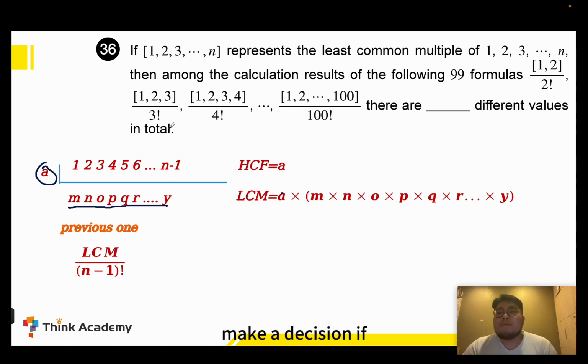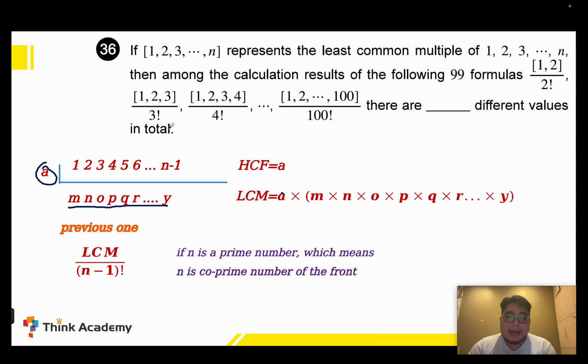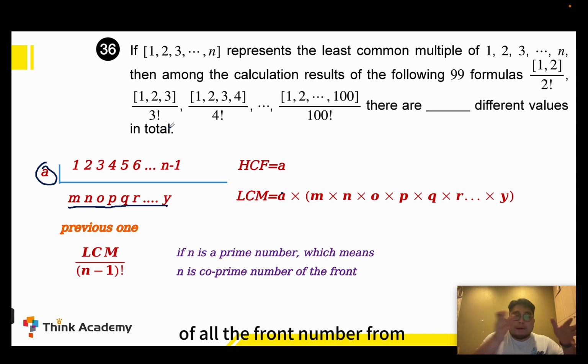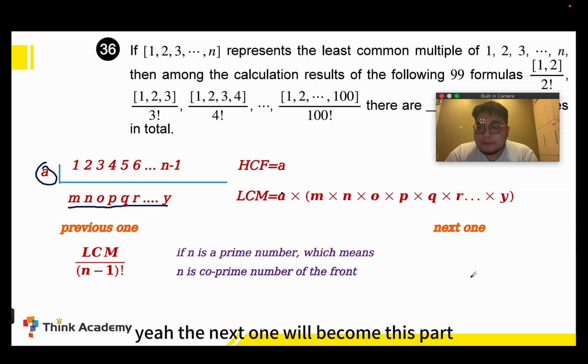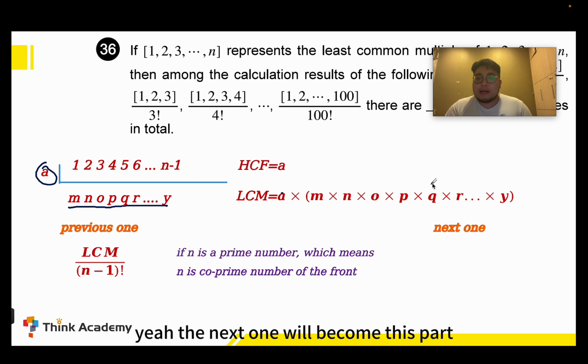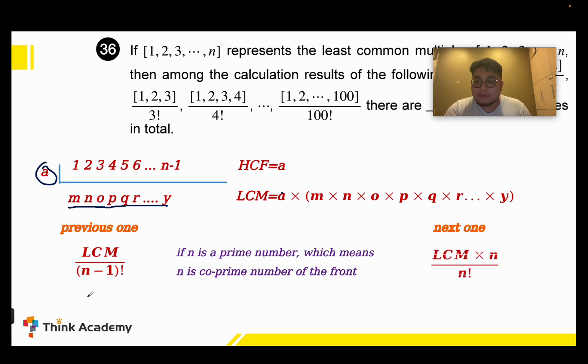So let's make a decision. If n is a prime number, which means n is co-prime with all the numbers from 1 to n-1, then the next fraction becomes LCM times n over n factorial.